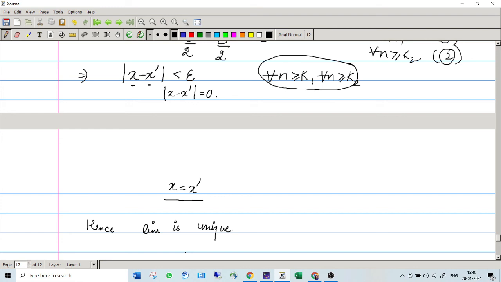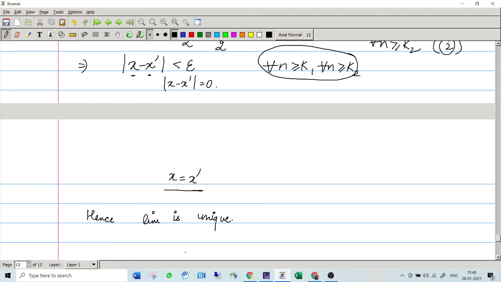So today we have done the convergence and the limit and a few theorems over which we are talking about the limit being unique, and the theorem about convergence implies boundedness but not the converse. If in case you have a bounded sequence, then the sequence need not be convergent.